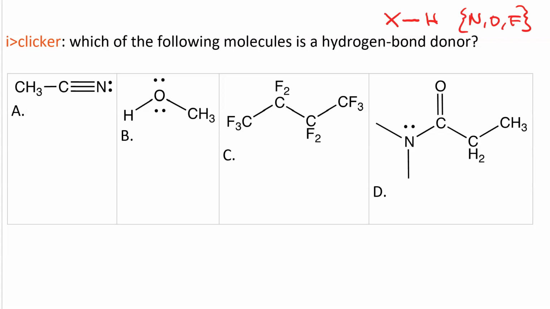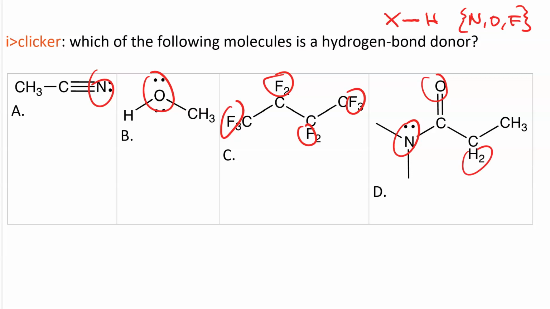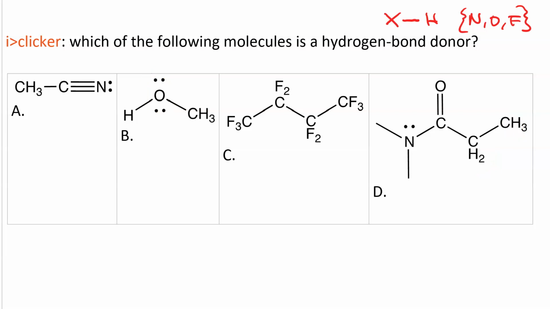So here's a nitrogen, here's an oxygen, here are lots of fluorines, right? Here's an oxygen, here's a nitrogen, and here are some hydrogens. The only place where we see one of these three atoms, nitrogen, oxygen, or fluorine, actually bonded to a hydrogen is in molecule B, right?